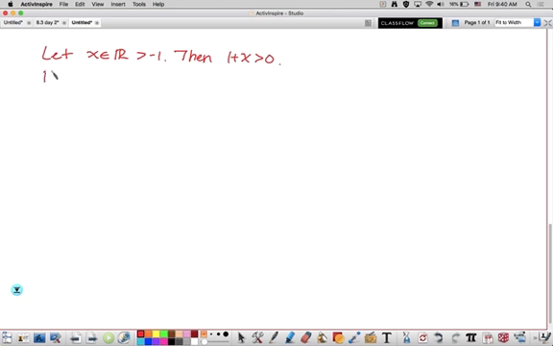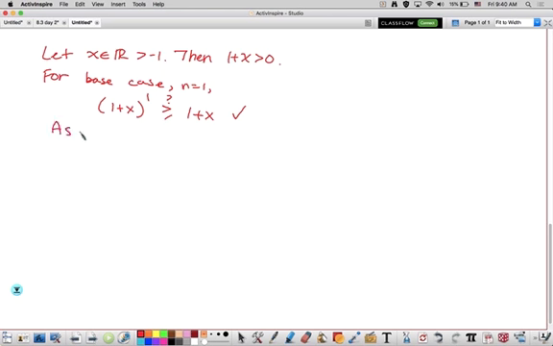For the base case, n equals 1, what do we have? We have (1 plus x) to the 1, and is that greater than or equal to 1 plus x? Well, it's clear that that's true.